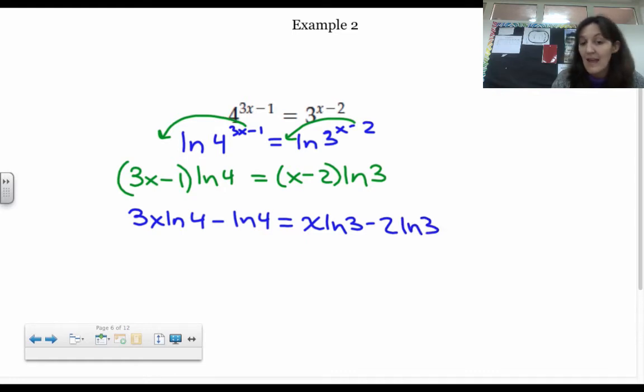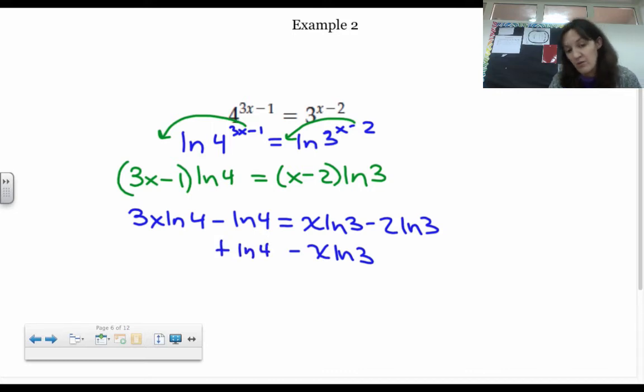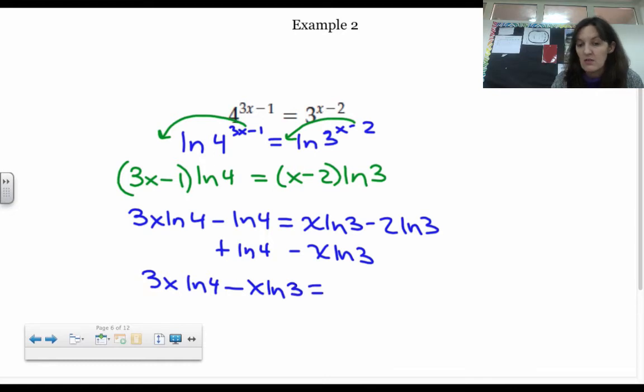Now I'm going to get my x's together, and get my terms without x's together. So I'm going to subtract x ln 3 from both sides, and add ln 4 to both sides. I'm going to end up with 3x ln 4 minus x ln 3 equals ln 4 minus 2 ln 3. So I simply used algebra to move the things around.